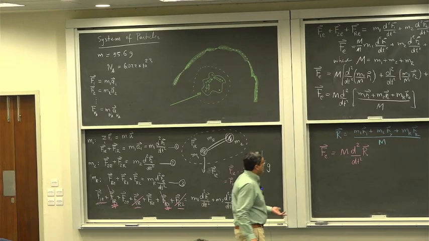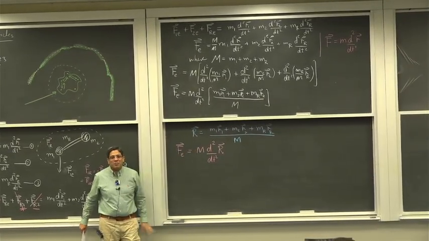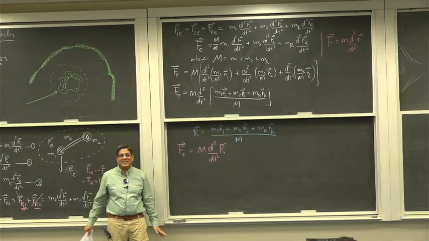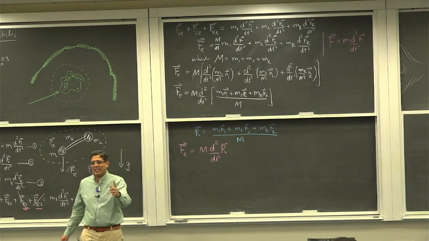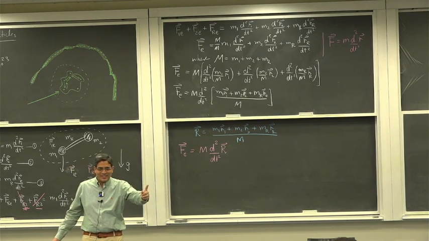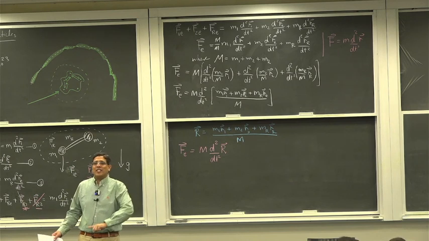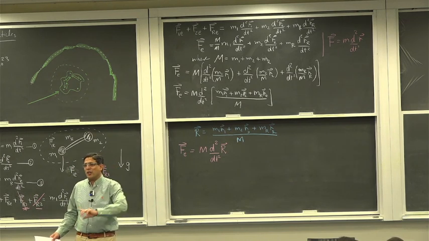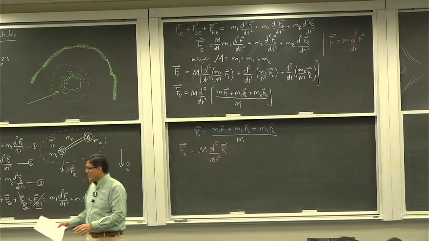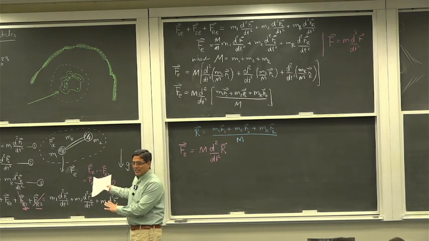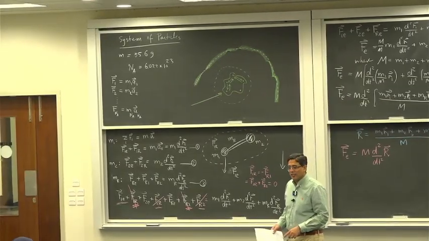Now what is R? I have already said that it is the center of mass. It is the position vector of that special point in a system of particles which simply responds to only the external forces, and then follows, in case of gravity, the standard parabolic path, how other particles do not.